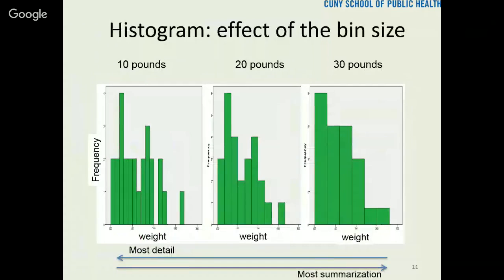But that same data set can look very different depending on the width of the bins that you create. So very fine bins with just a few pounds in each one look different than with coarse bins.